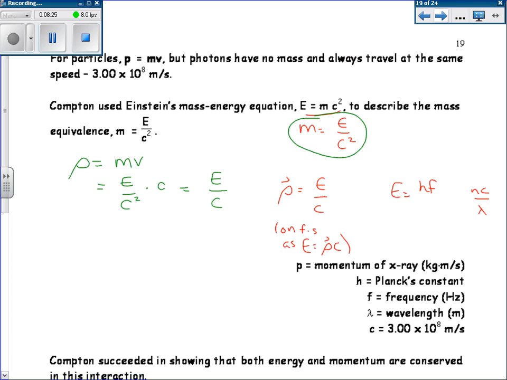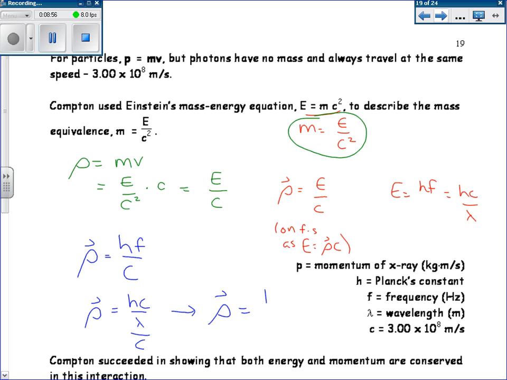Let's just put that in as equals hc over lambda. So because we know that, then we can write momentum is hf over c, or if we put in for energy, momentum is equal to hc over lambda over c, then that just leads us to momentum is equal to Planck's constant over wavelength.